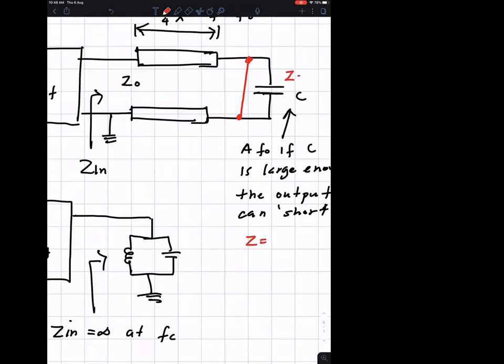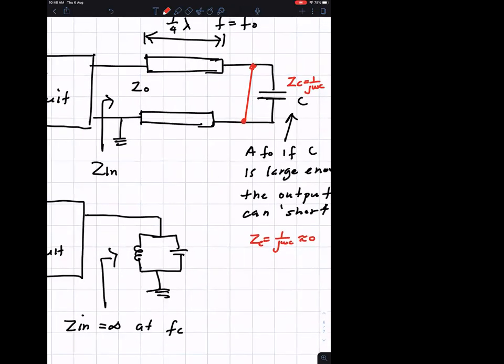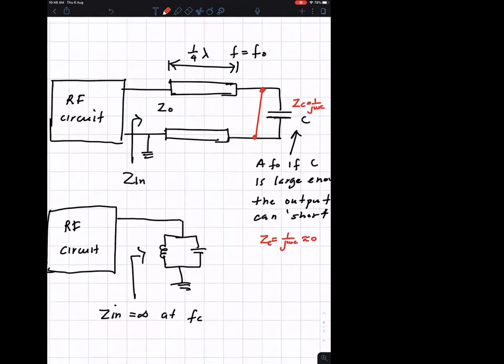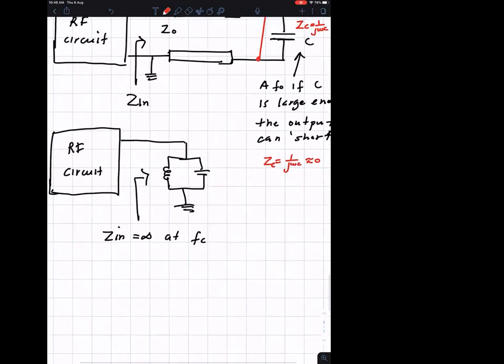ZC in this case is 1 over j omega C, almost zero. But what the RF circuit will see, the Z in, is an open circuit a quarter wavelength away from the load.